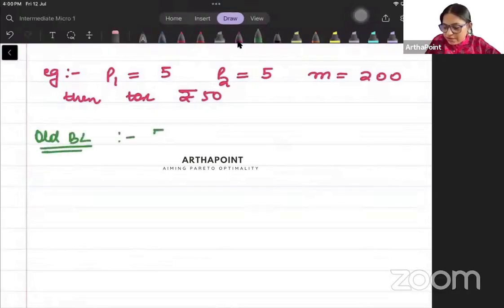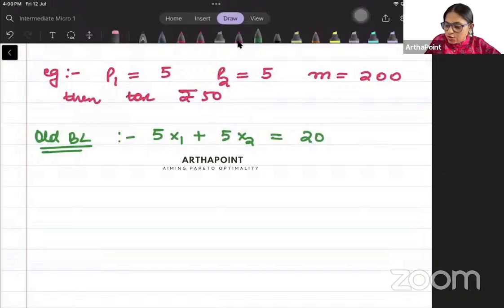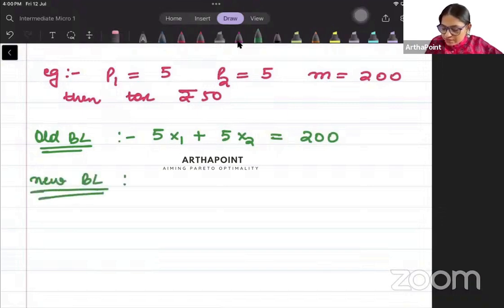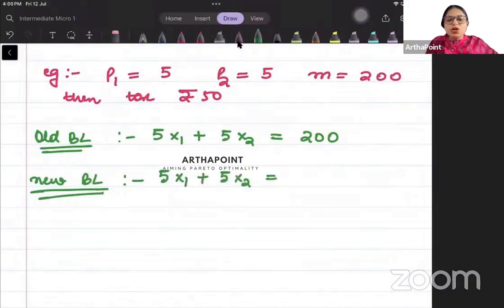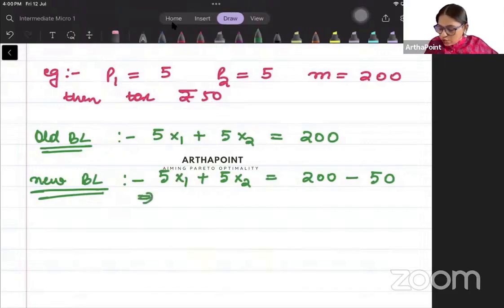Very simple: P1 x1 plus P2 x2 is equal to the income of the consumer. And what will be your new budget line, beta? P1 x1 plus P2 x2 equals the new income. What is the new income? Old income minus tax paid. That will be your new income. Clear? So this will give you 5x1 plus 5x2 is equal to 150.